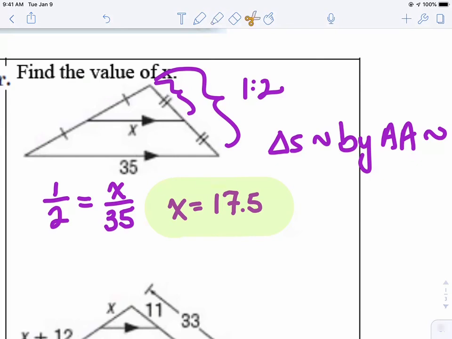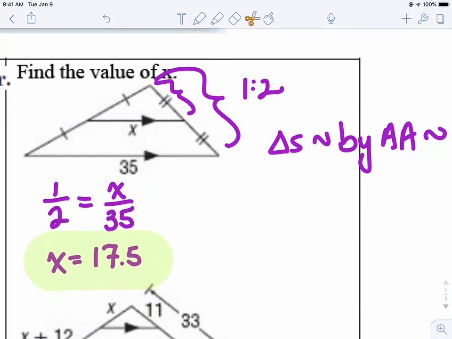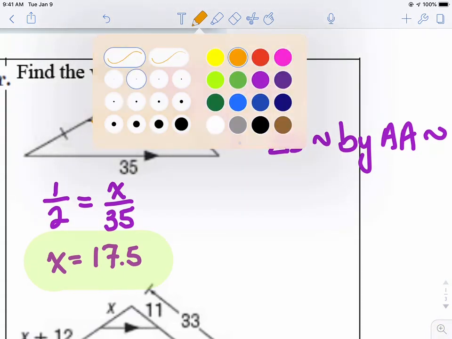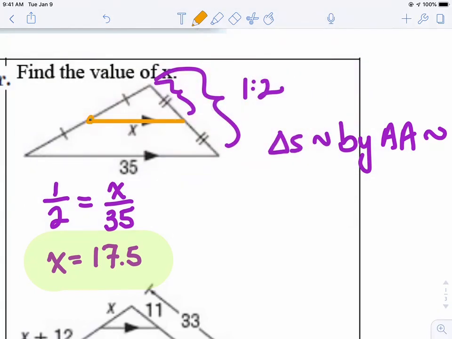Now, another way of doing that, which is probably simpler, if you notice that this thing's a midsegment, and again, we know that because these are midpoints of sides, and a midsegment is parallel to the base of the triangle.